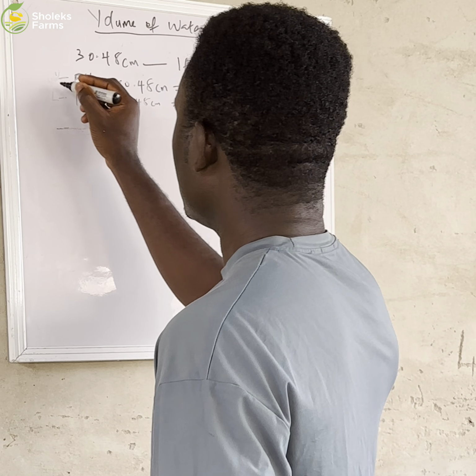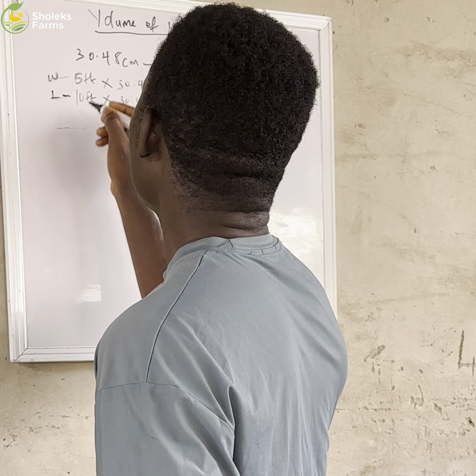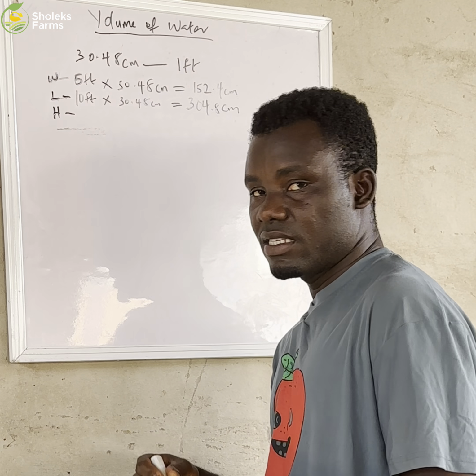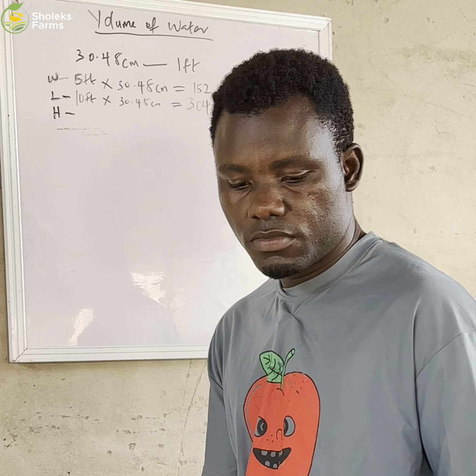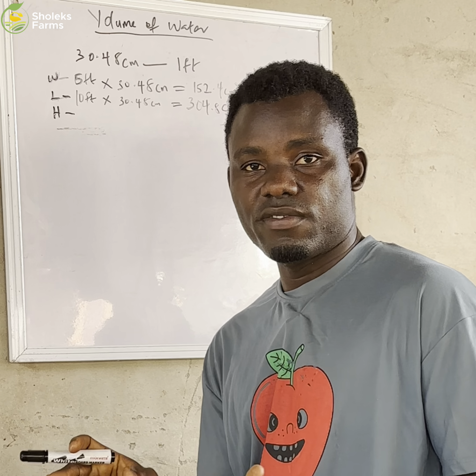So we have to calculate the height of our pond also. This is the width, so we have the length and the height. Generally, we all know that we can't fill the water to the brim. So here on our farm, we fill our water to 2.5 feet.